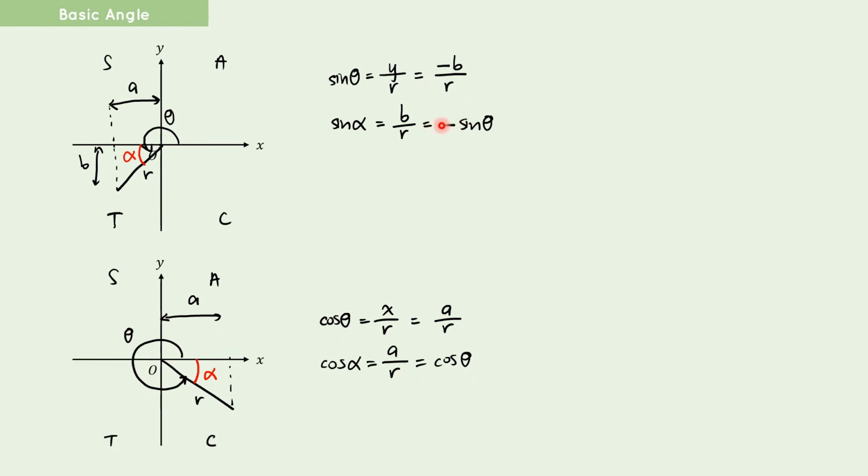There is a negative sign here because in the third quadrant sine is negative. So when we consider the relationship between sine of theta and sine of alpha, we need to add a negative sign. But in this case, since we are considering the fourth quadrant, cosine theta is positive, so we do not have to add a negative sign.